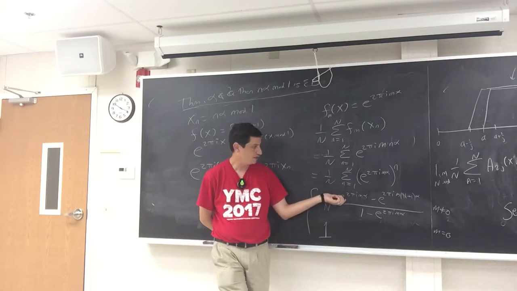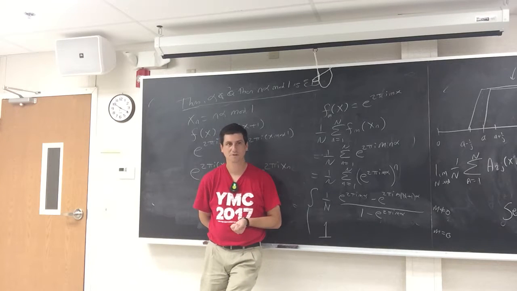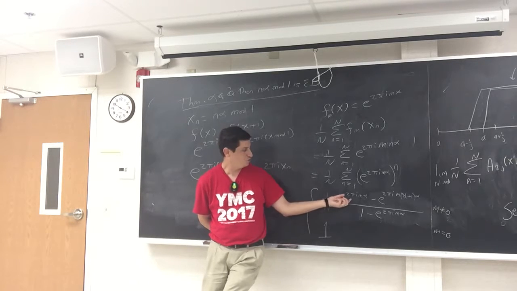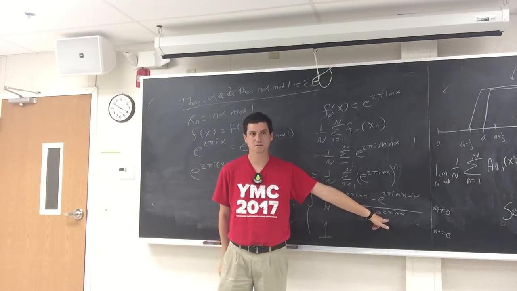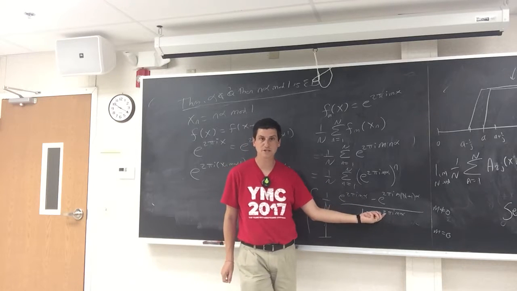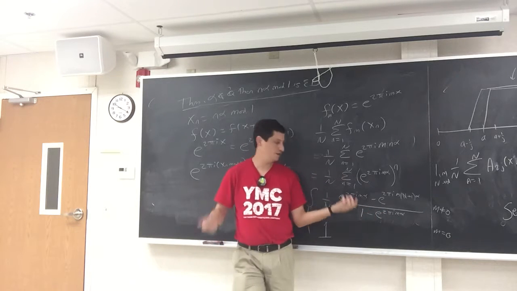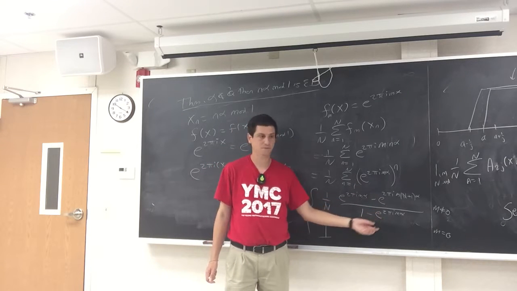Could the numerator be getting large? So how large could the numerator be? The numerator is at most 2. Does the denominator have any N dependence? No. So as long as the denominator is not 0, as N gets very, very large, this is at most 2 over whatever that is.